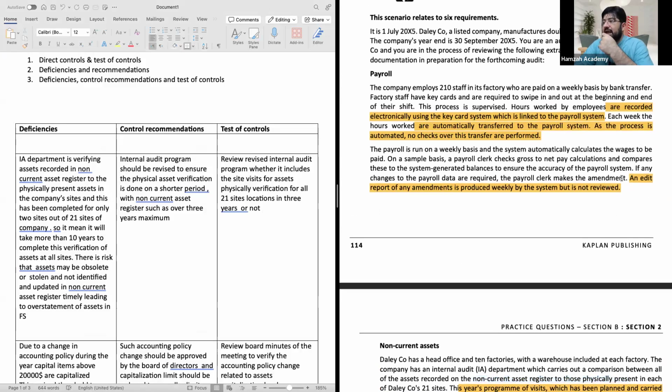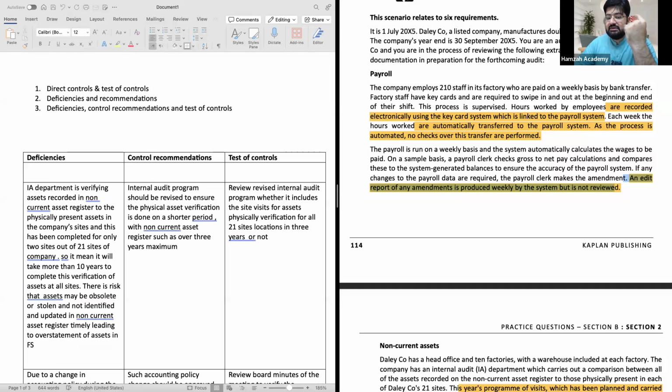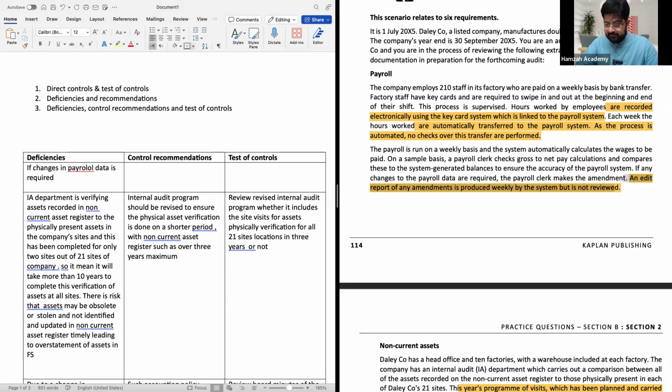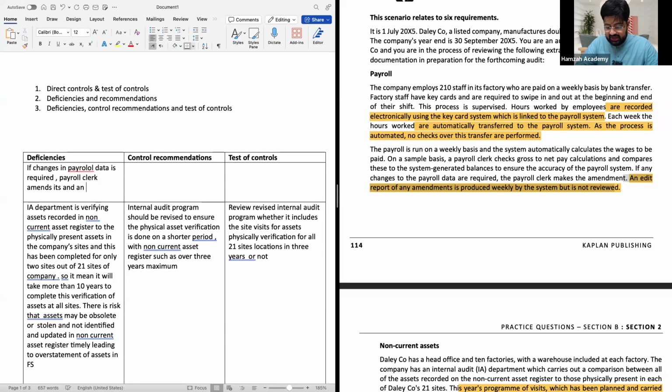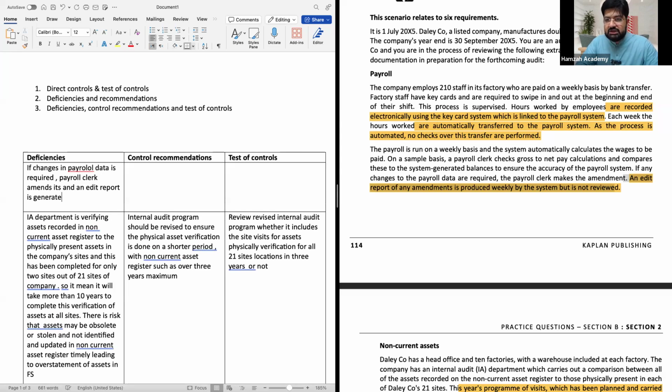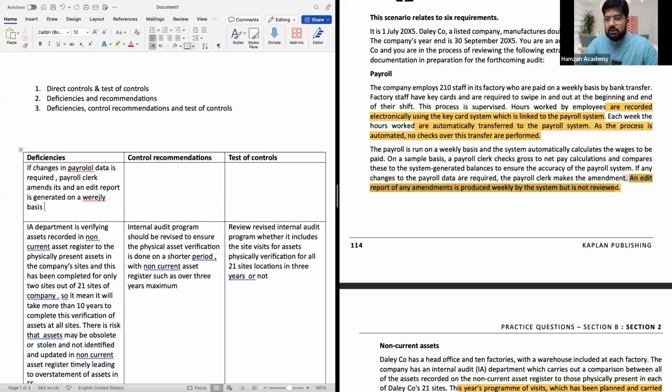Audit report of amendments in payroll data is weekly generated but not reviewed. If changes in payroll data are required, the payroll clerk amends it and an audit report is generated on a weekly basis, which is not reviewed.